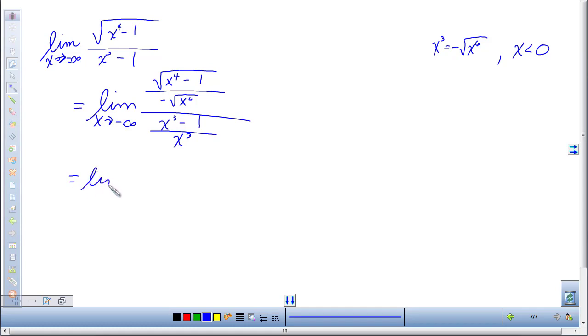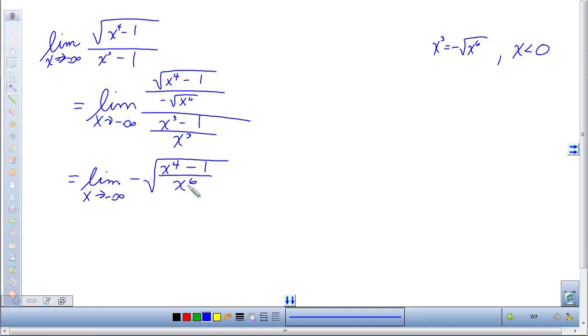And so we've got the limit as x approaches negative infinity of negative square root of x to the 4th minus 1 over x to the 6th. We're going to deal with that in just a minute.